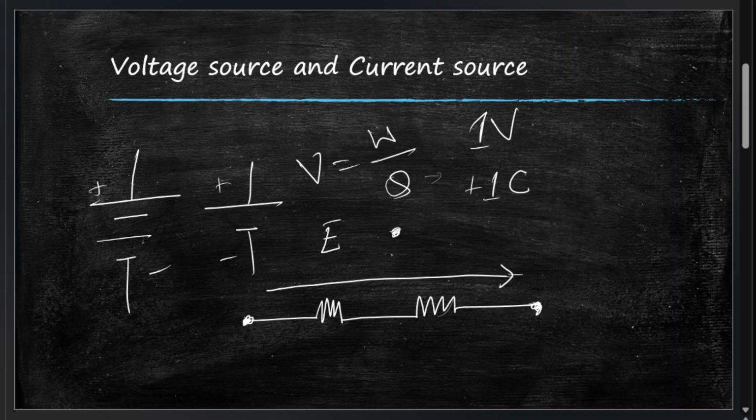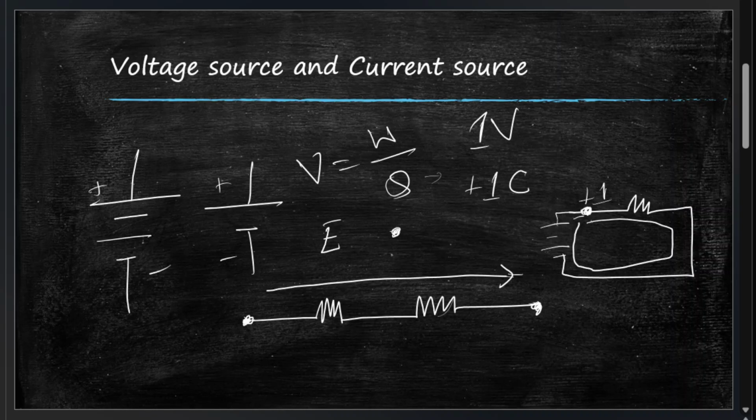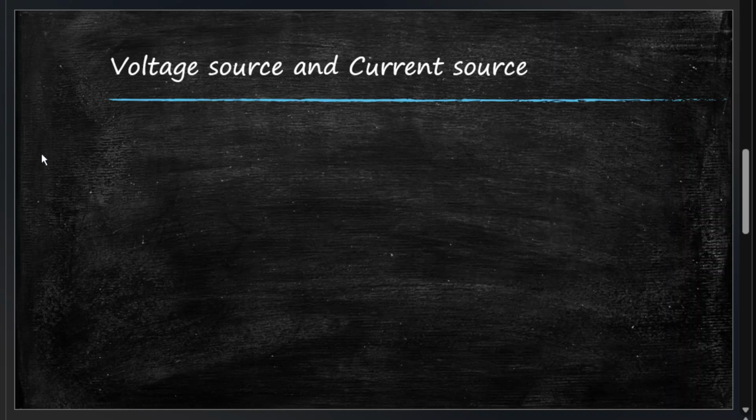So if we have a circuit like this, and we have a source here, then the electromotive force is basically the energy needed to bring 1 unit charge from any random point all the way through the circuit and back to that same random point. That is electromotive force.